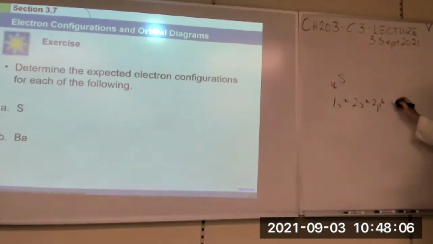And then we go back down here to 3s. 3s, 2 electrons. And then we're down to 3p. We have 1, 2, 3, 4. 4 electrons. Okay, so that's 2, 4, 10, 12, 16.